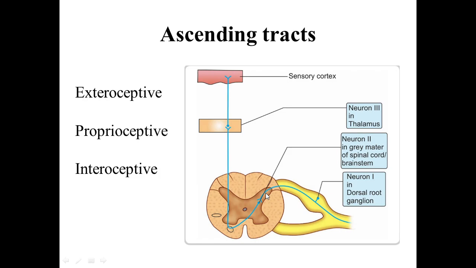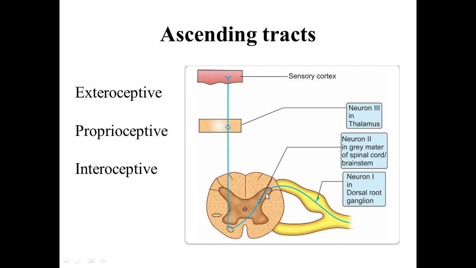And interoceptive sensations are the sensations which are carried from the viscera. These are the visceral sensations. Now ascending tracts which convey general sensations from periphery to cerebral cortex consist of three types of neurons.